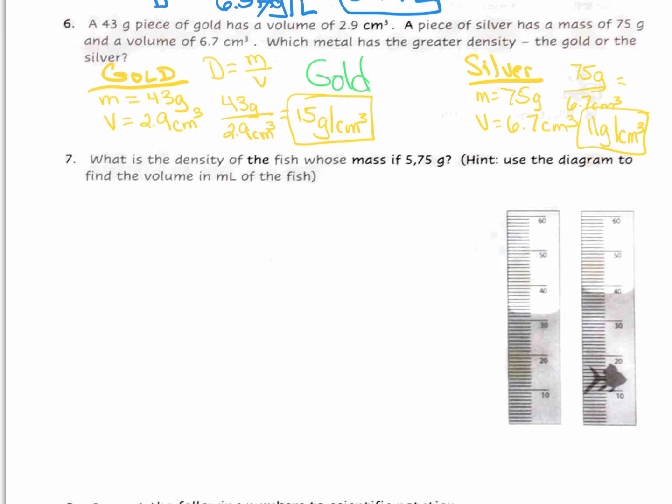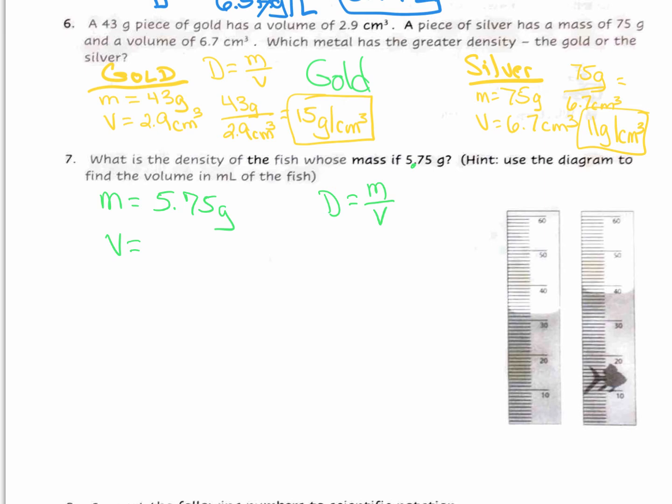So here we're using a graduated cylinder, kind of like what you used in the lab. So it says, what is the density of the fish whose mass is 5.75 grams? I know that's a comma there, but it's supposed to be a decimal. What is the density? Okay, so density, right, our equation is mass divided by volume. So I need to know what volume is. And that's how I have to come over here.